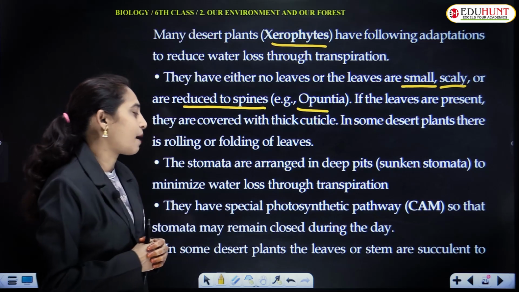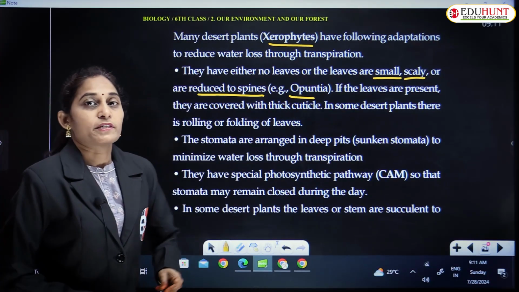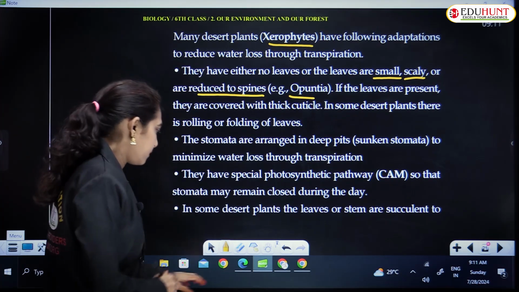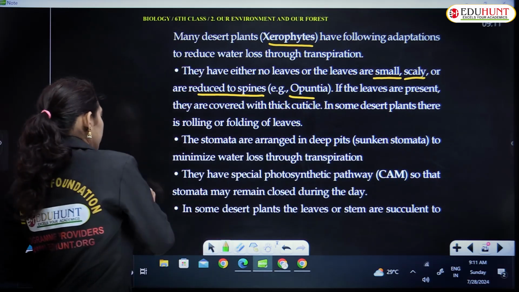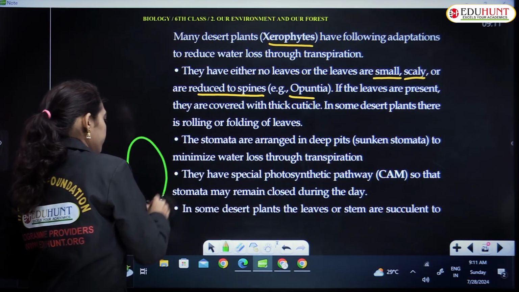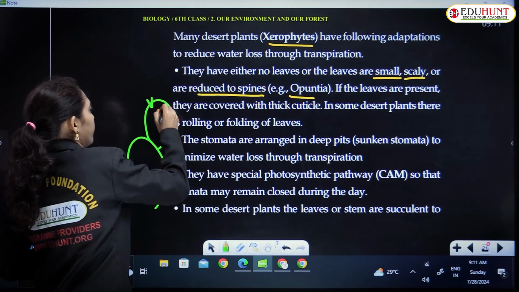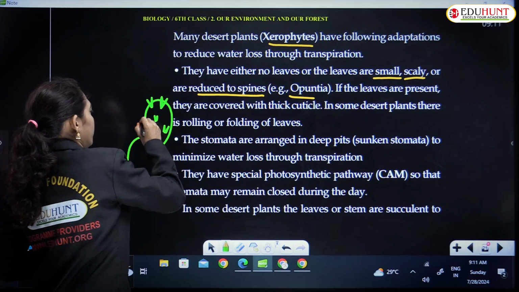Spines are present. Example Opuntia, I'll show you. Opuntia is a desert plant. It is a xerophyte and it looks like this. I'll draw the diagram of Opuntia. Yes, it looks like this.